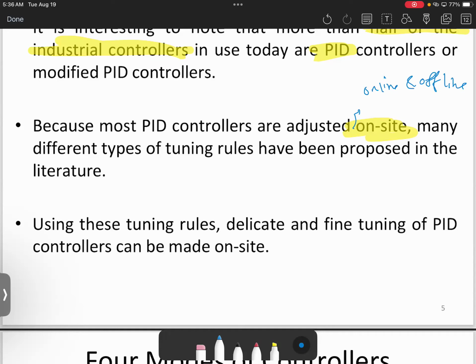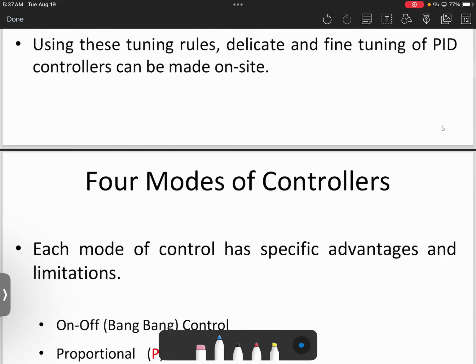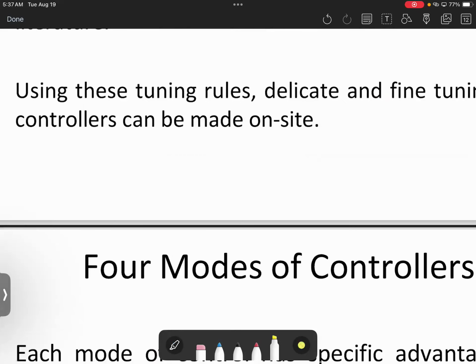However, if you are doing offline, you need to know the internal model, or design based on the model, or design if we don't know what's inside. Okay, there are two ways. So how can we make the design? Something we call tuning rules. There are several tuning rules, but the most famous one is Ziegler-Nichols.